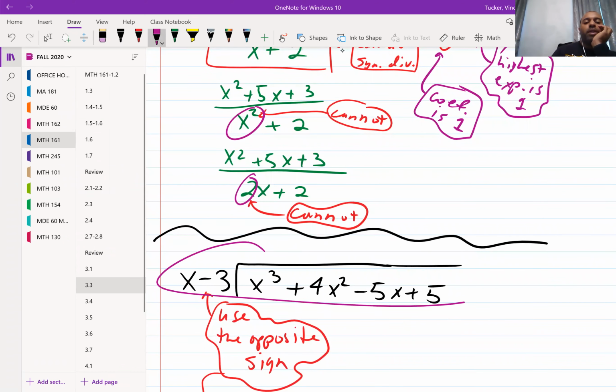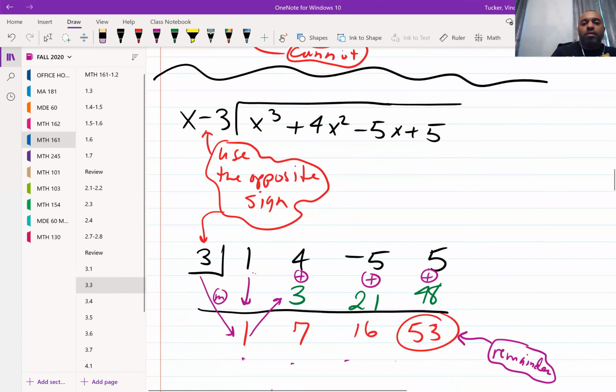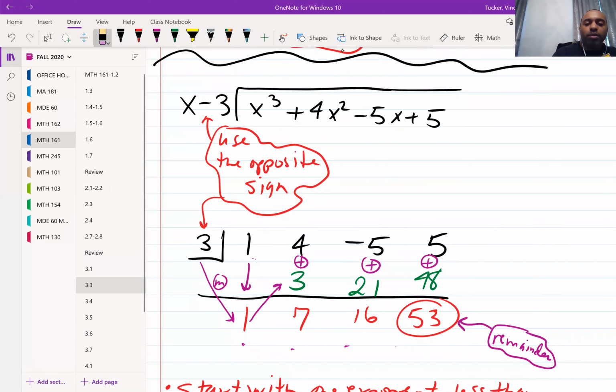All right, so let's say we had this problem right here. We want to divide x minus 3 into x cubed plus 4x squared minus 5x plus 5. We're going to set it up like this.